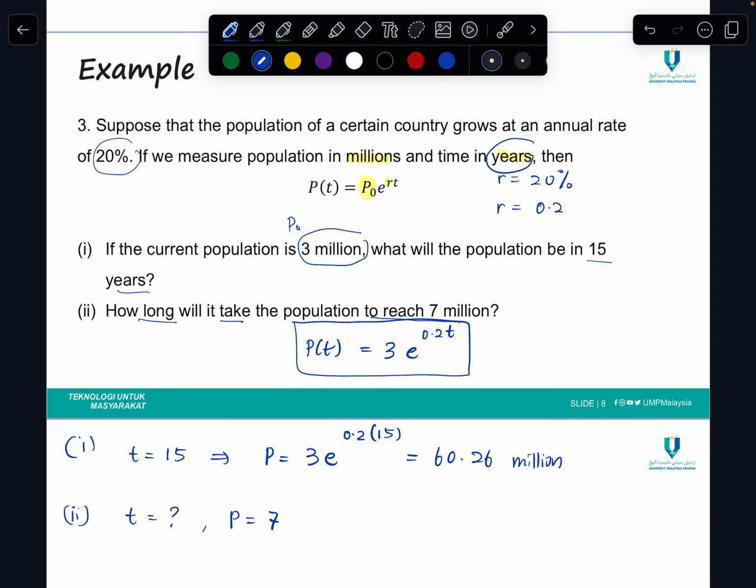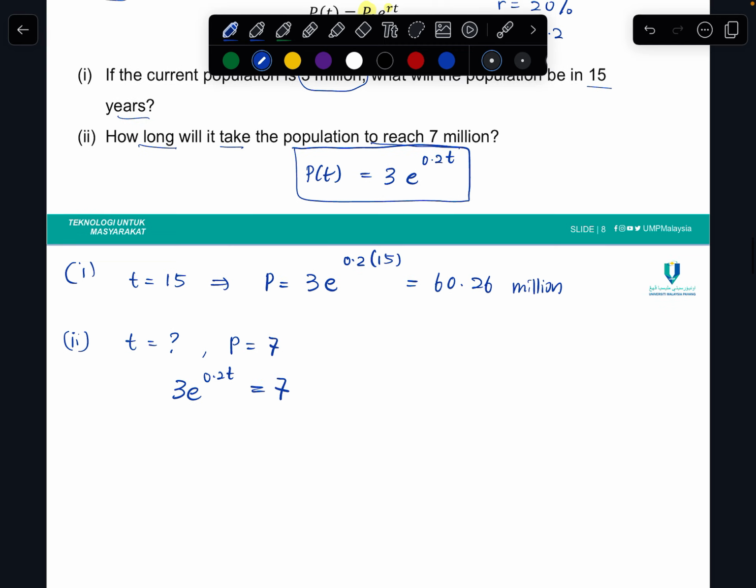From here, we can rewrite P as 3e^(0.2t) equal to 7. We solve this. e^(0.2t) on the left, so on the right hand side is 7 over 3, and this equals 2.33.